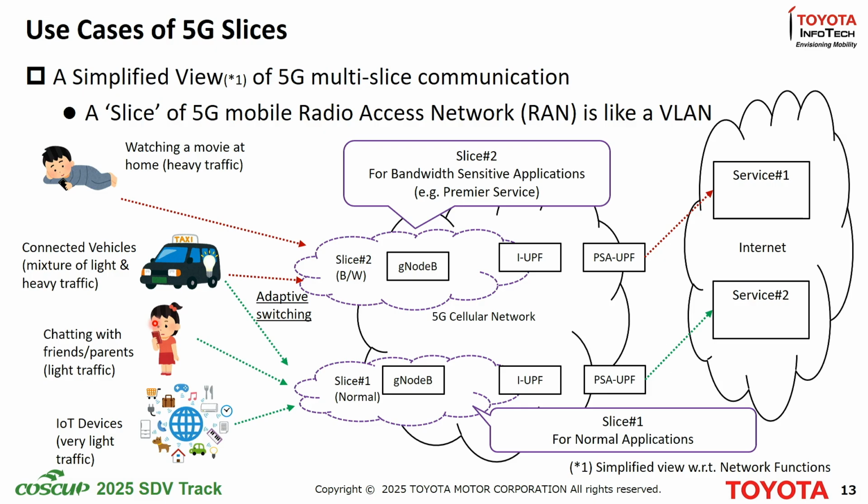But normally, in order to communicate with the data center side controlling the connected vehicles, it's okay to just use the normal slice. And here the point is that from the mobile network operator side, slice 2 has higher benefit, and that means expensive. So from our side, the OEM side, the vehicle manufacturer side, it's important to do some kind of adaptive switching between these multiple slices.